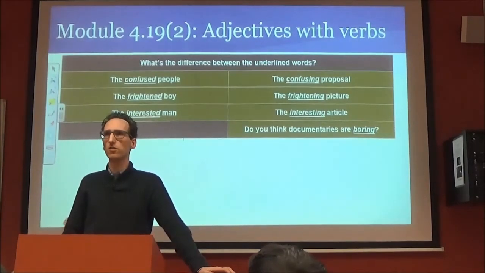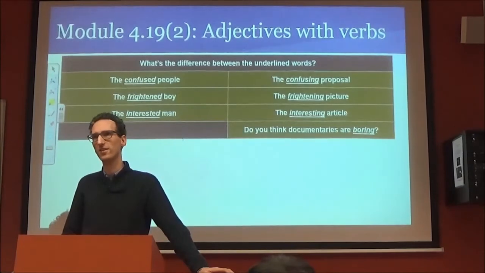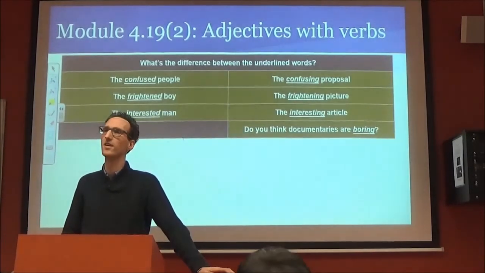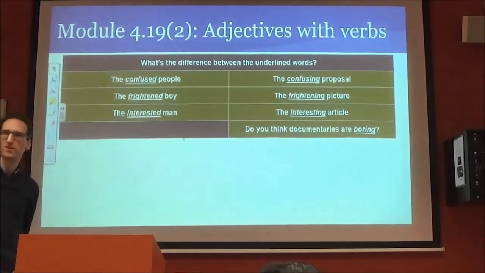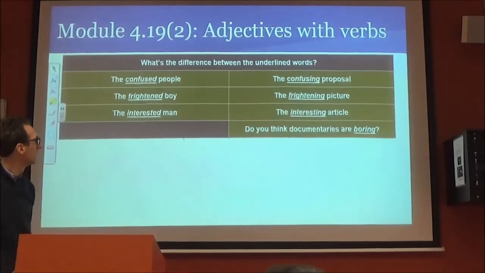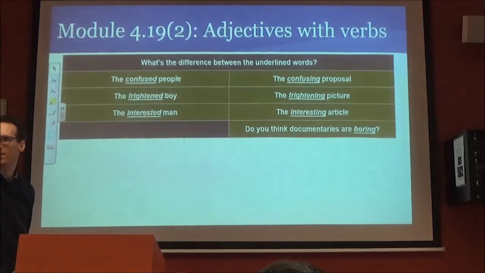I saw a question from Darcy. You want to give the answer? Well, you can have a go. I think the first part, so confused people, frightened boy, I think it's direct, and the second part is indirect. What do you mean by direct and indirect? Confused people says something about the noun there.